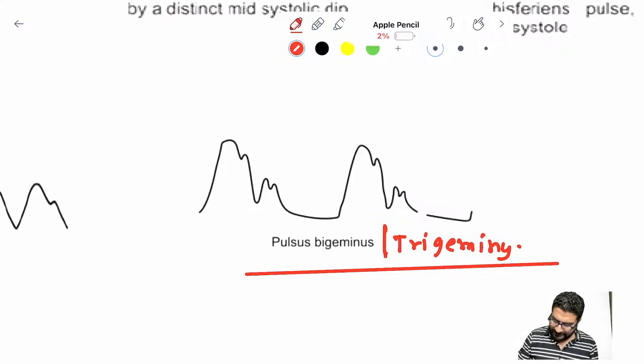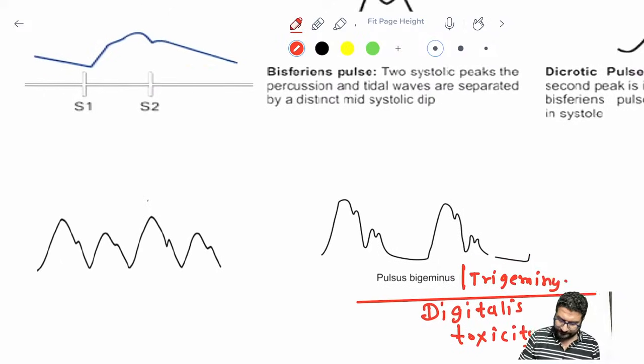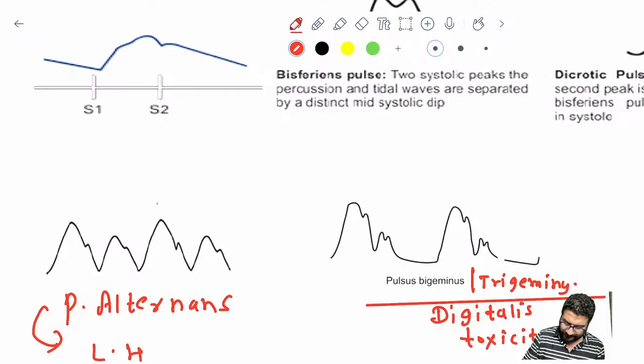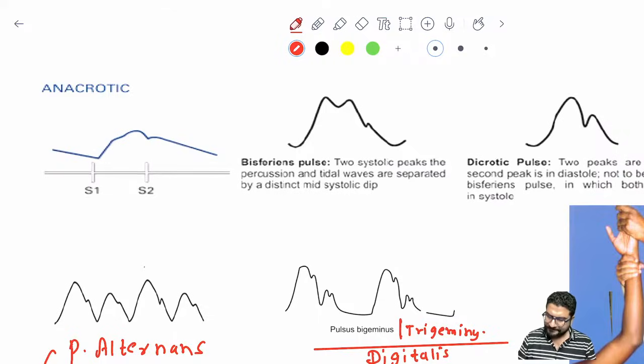Tell me. This is seen in digitalis or digoxin toxicity. This is called pulsus alternans. This will be seen in any condition causing left heart failure.